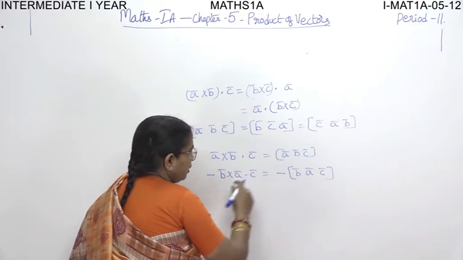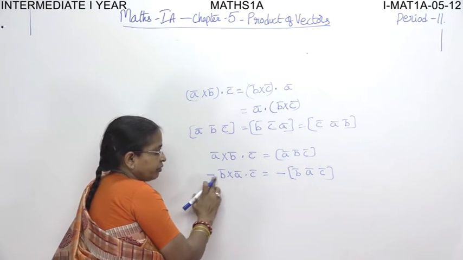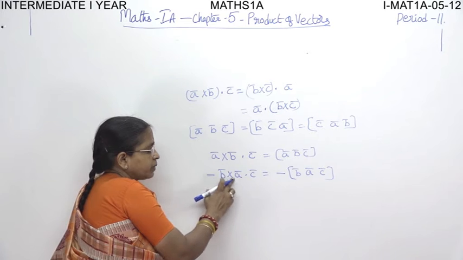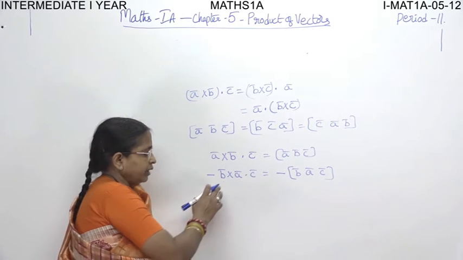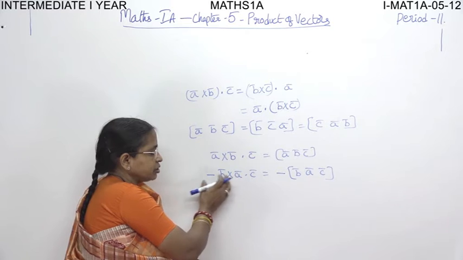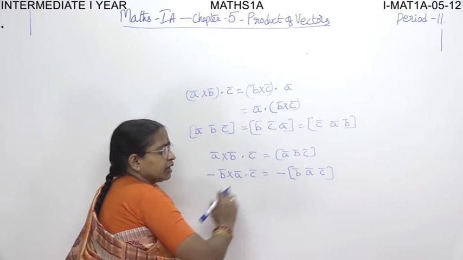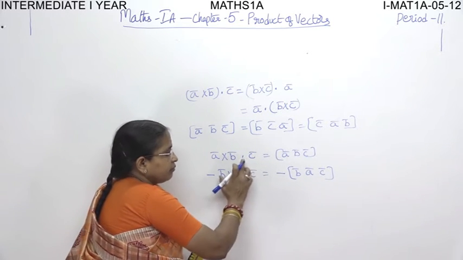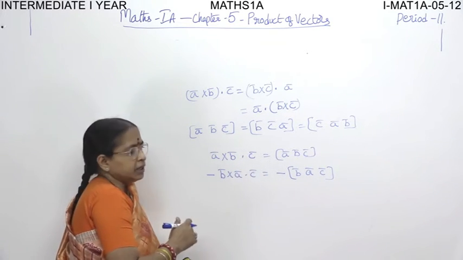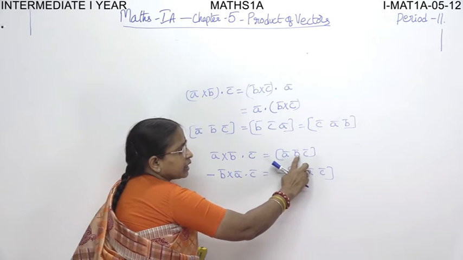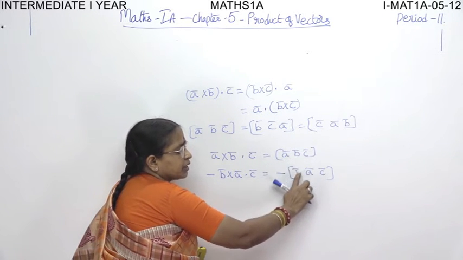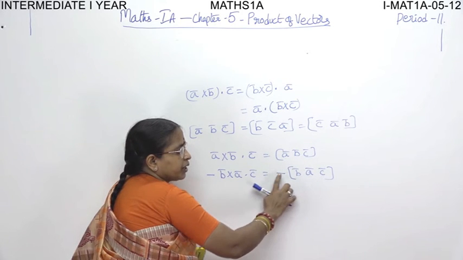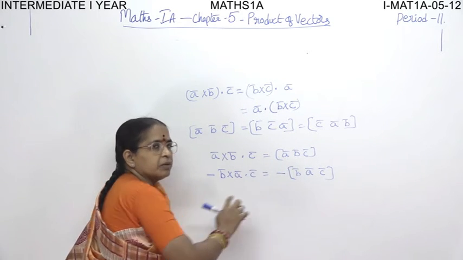When I interchange the two vectors in the cross product, I should change the sign, according to our property of the vector product between two vectors. So the property that you have to learn here is: when any two vectors are interchanged in a box product, change the sign of the box product.